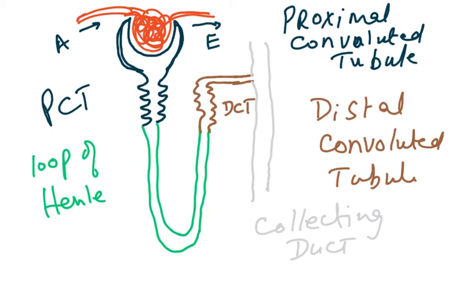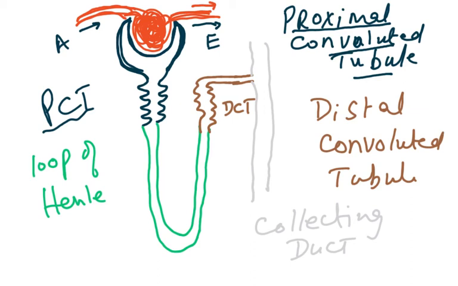So afferent arteriole, glomerular capillaries, efferent arteriole, the one which is going to leave the glomerulus. Then we have the Bowman's capsule. Then the PCT, which is called the proximal convoluted tubule. And then we have the DCT.